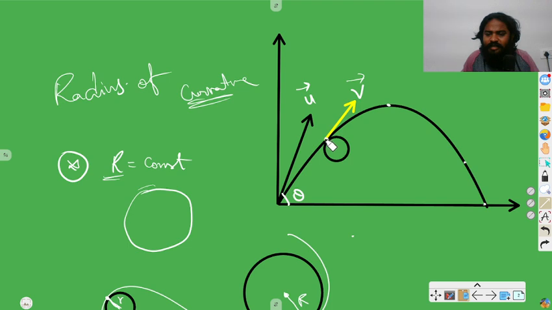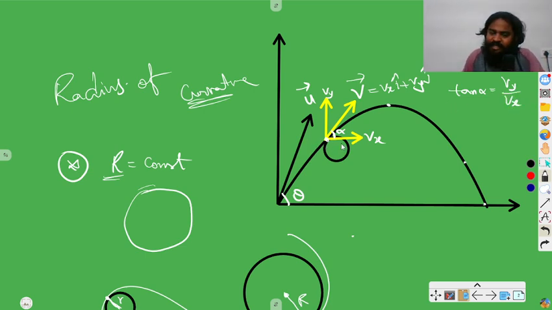So this is the x component, and this is the y component. This is vx, this is vy. Now v bar is equal to vx i cap plus vy j cap. After finding this, you can find the angle alpha also. Tan alpha is equal to vy by vx. This is the velocity along the tangent at this point of the curve.